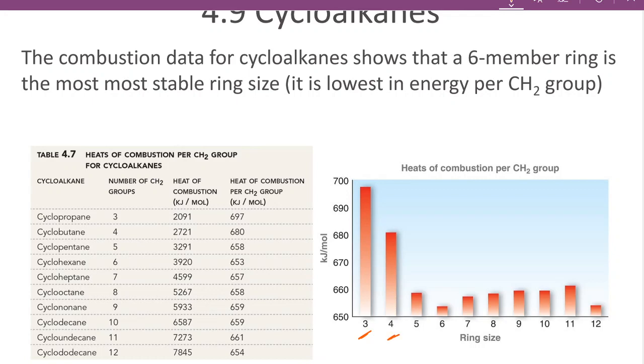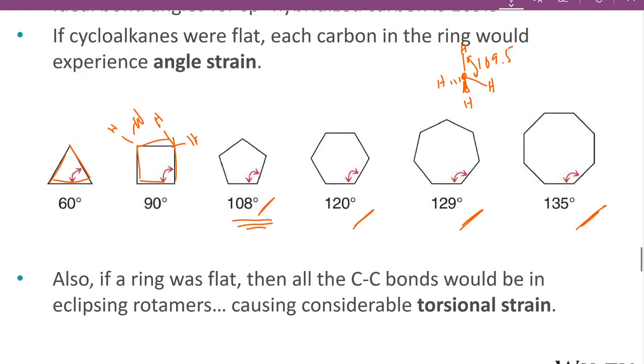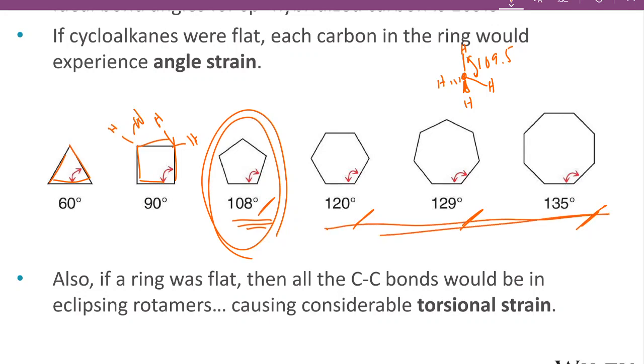And then the rest of them, as we go from 5 to 12, are pretty close to each other. Not a huge difference. So what we're seeing is that we don't see this significant increase. We would expect cyclopentane to have the lowest heat of combustion per CH2 group, but in fact, we don't see a huge increase as we go from 6 to 7 to 8 carbons.